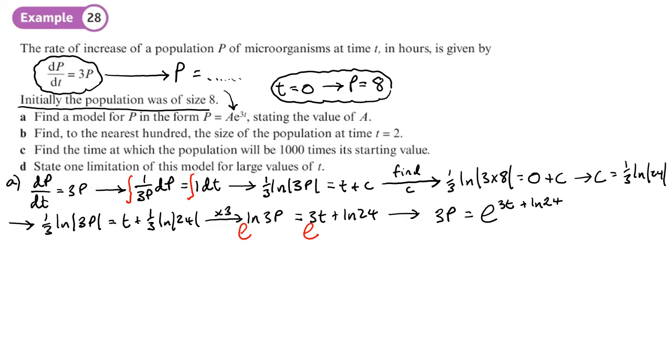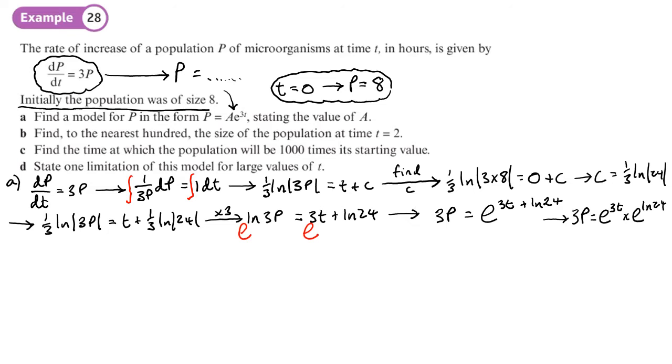Now if you've got e to the power something plus something, that's the same as e to that times by e to that, so that will give us 3p equals e to the 3t times by e to the log 24.